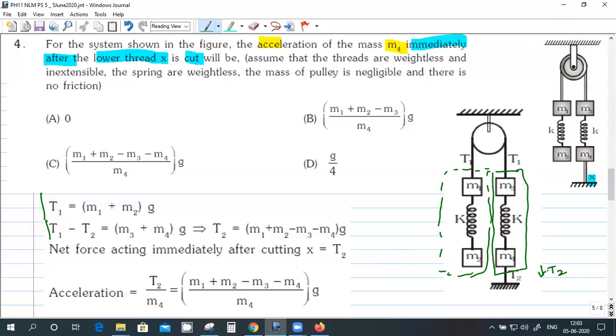After it is cut, the T2 is disappearing. So effectively, it's as if a T2 force is acting upwards. Is it clear? Yes, sir. So that force is the one which will accelerate this mass M4. Just after it is cut, the force acting on M4 is T2, because previously T2 was acting downwards, and with this down force the net force was 0.